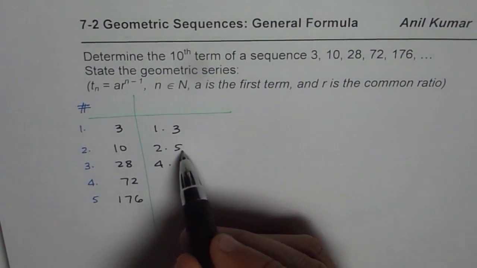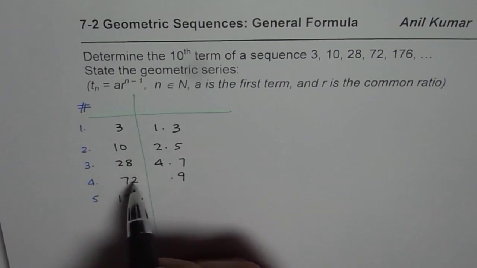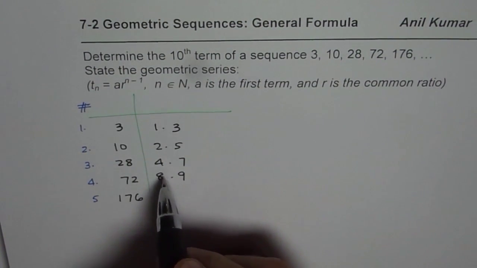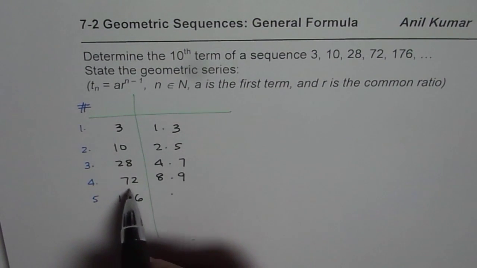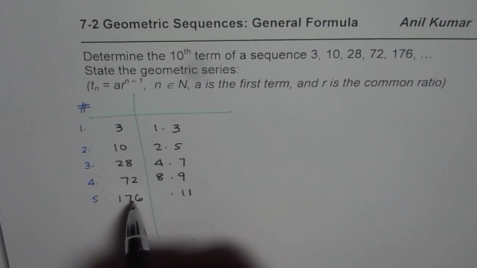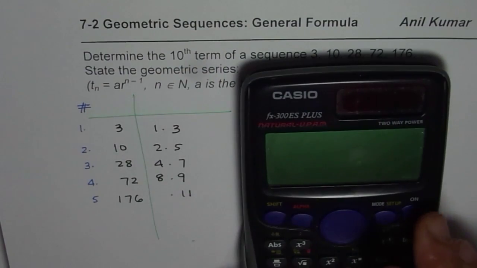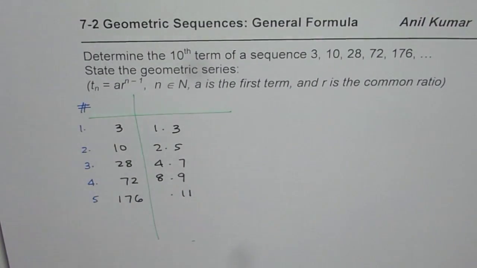Since we are getting a pattern here, for 72, let's see, 9 times what is 72? 9 times 8 is 72. For 176, 1 plus 7 plus 6 is 14... so it is 11. So 11 times what is 176? We can use a calculator, right? 176 divided by 11 gives 16. That makes sense.